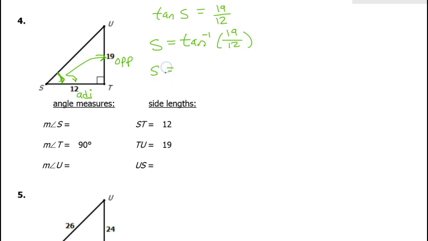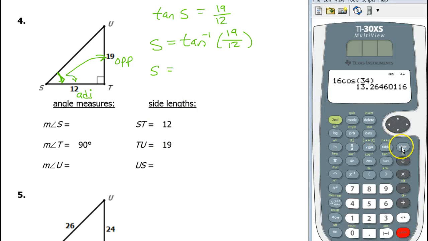This is something that you can just put in your calculator. So second tangent 19/12. Okay, so that's 57.724.